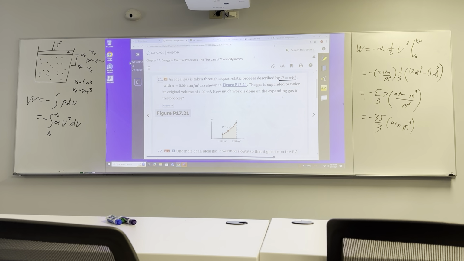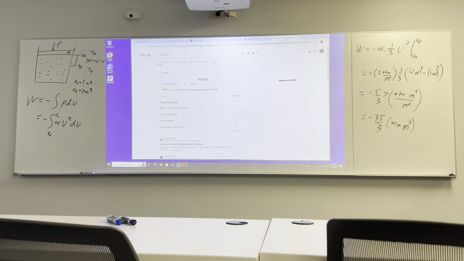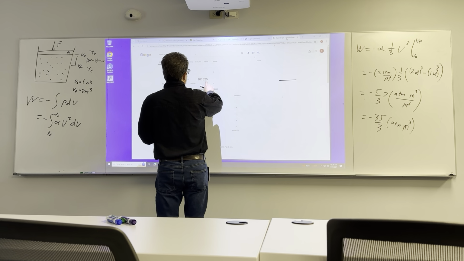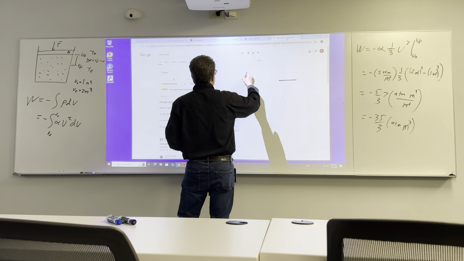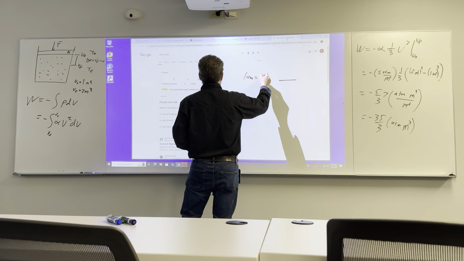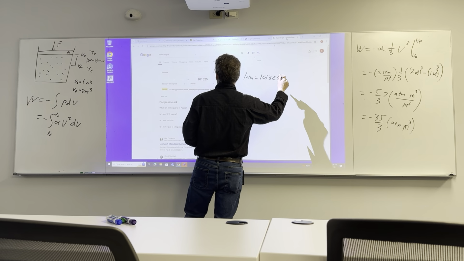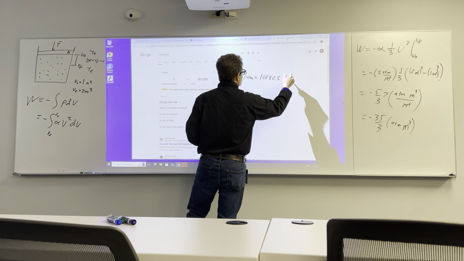Pascals equal newtons over meters squared, right? Yep, that's because it's the SI unit. There it is. I looked it up earlier today for the first class. 1 atmosphere is 101,325 pascals.